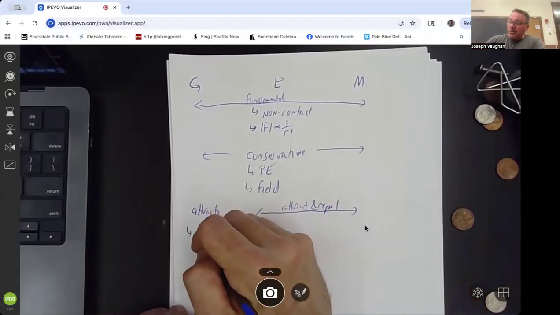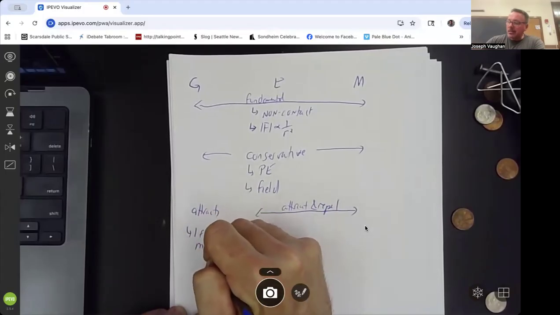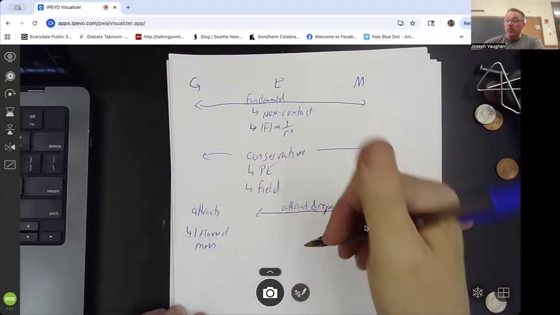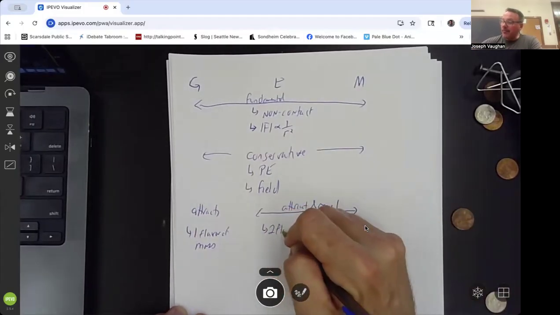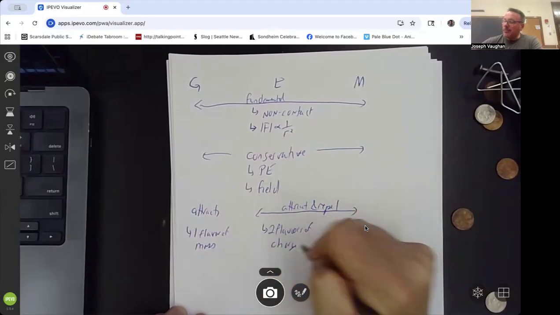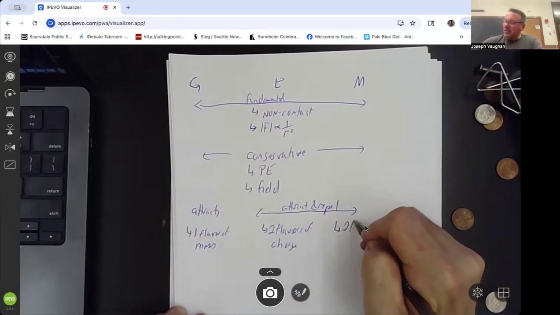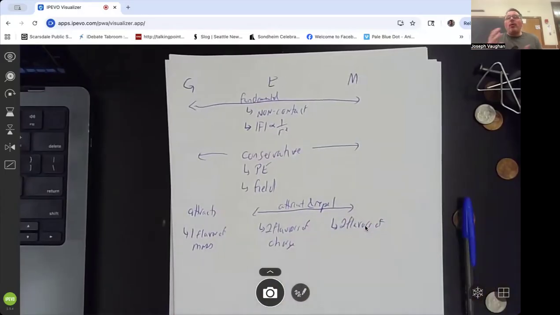Gravity only attracts because there's only one flavor of mass. We know that the electric force attracts and repels because there are two flavors of charge. And so that leads us to think there's two flavors of something for magnetism, but we don't know what that is, right?